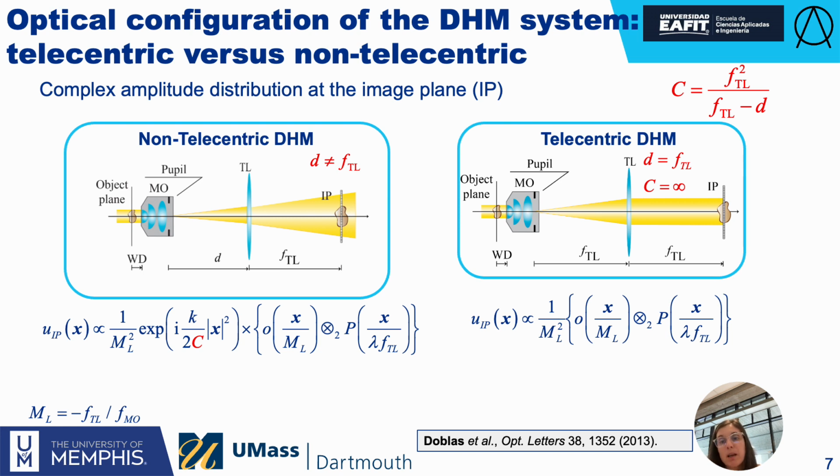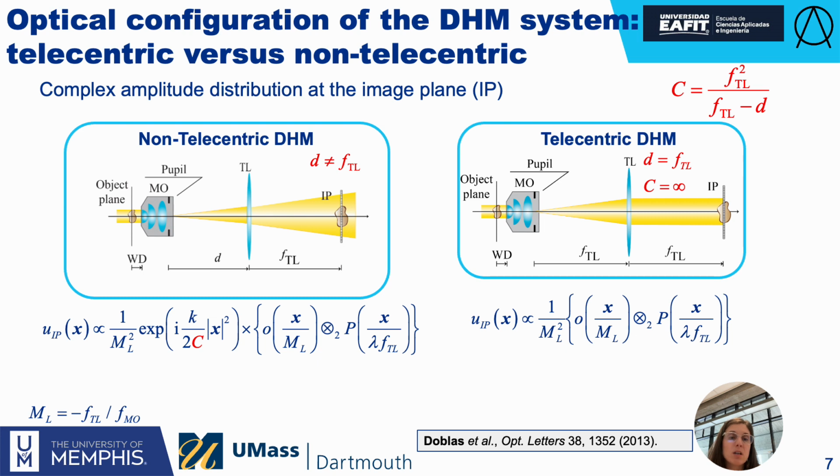So you have a plane illumination, and a telecentric system is really important because the value of the retrieved information is always going to be the same regardless of the position of the sample, and also the lateral magnification is always the same regardless of the position of the object, because you have a plane wave in the image space.